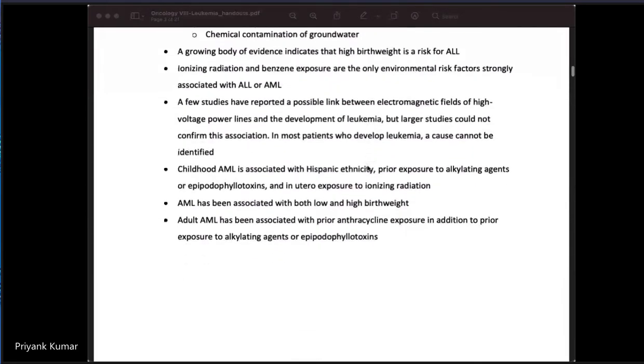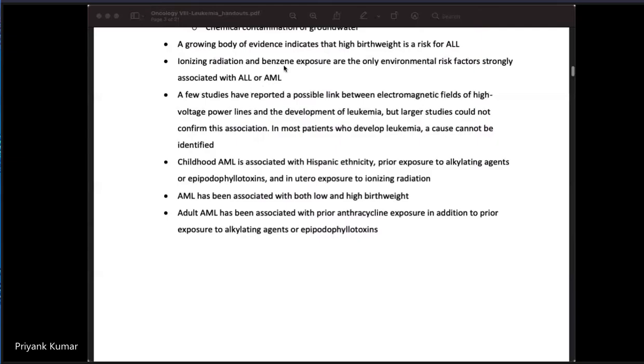Now, benzene exposure and radiation exposure are also associated with ALL and AML.